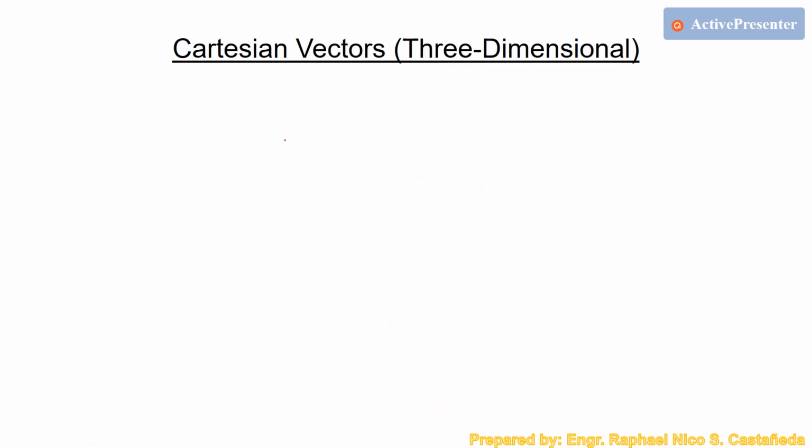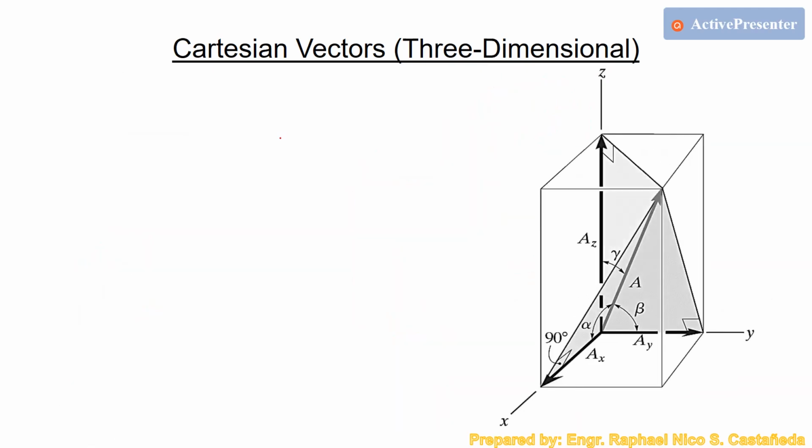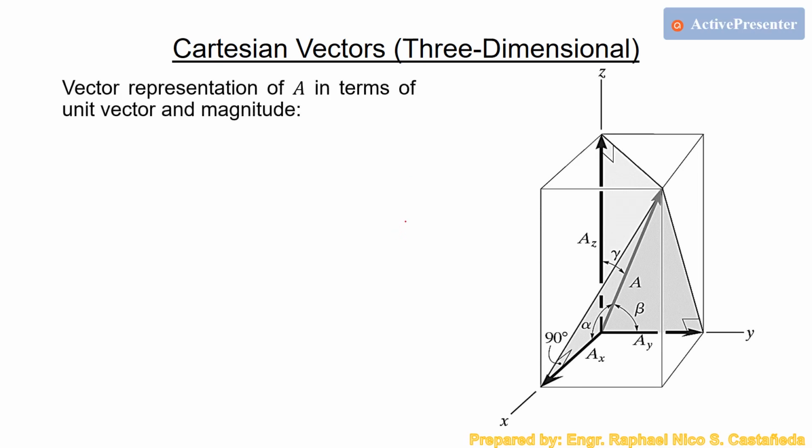Let's also discuss some important formulas that we can use in analyzing a three-dimensional vector with components Ax, Ay, and Az. These are some important formulas that we need to remember. So let's discuss the vector representation A in terms of its magnitude, which is this one, and in terms of the unit vector lambda.